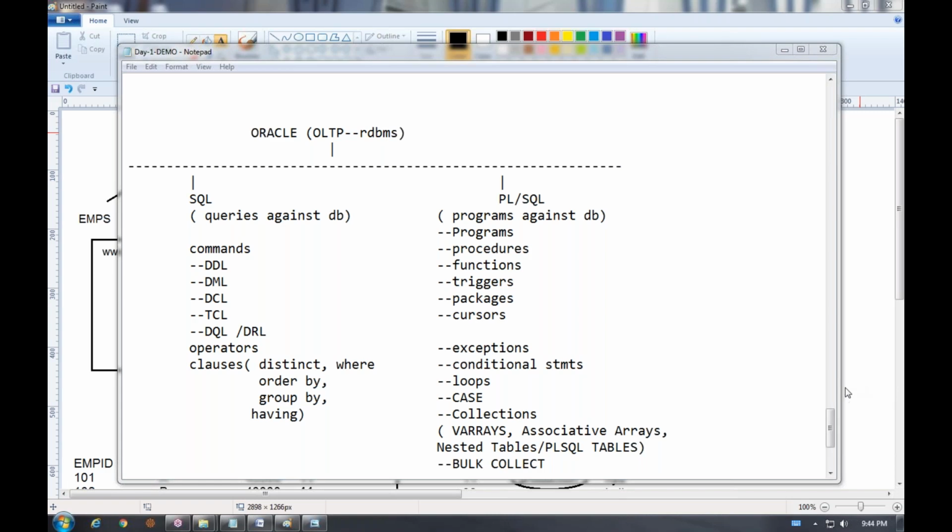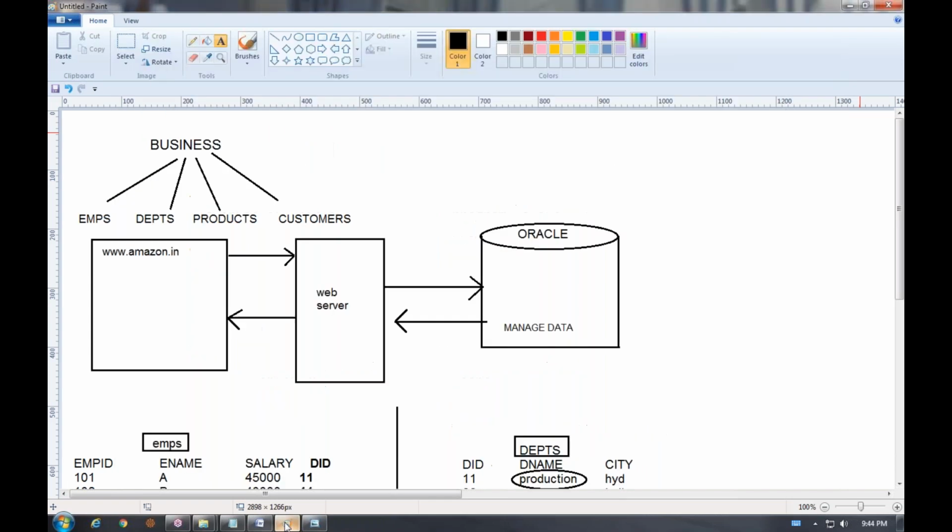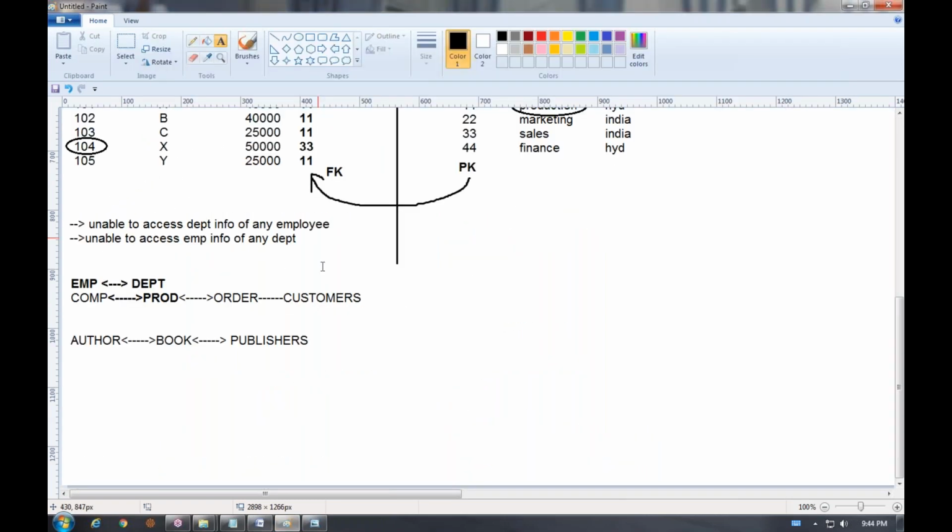Vijay Simha, normalization concepts are also covered. Today we discussed one diagram, the relation between PK and FK. Before this relation, we should discuss normalization and denormalization. Then only we will discuss how to implement the relation.